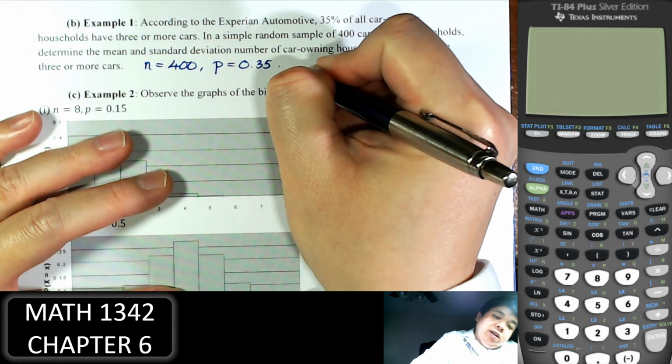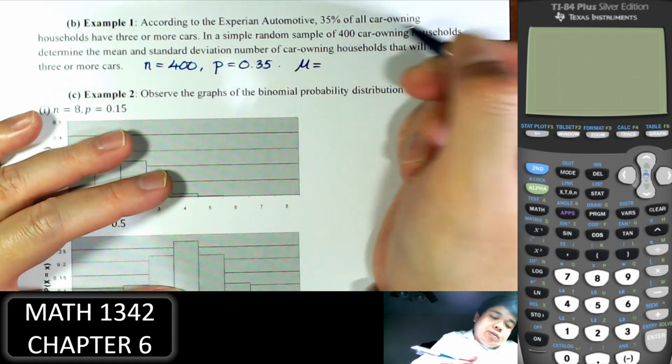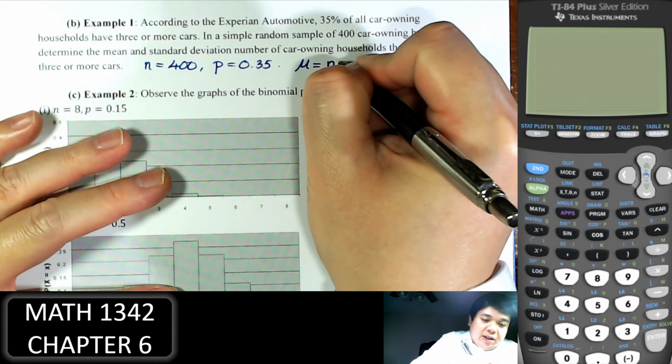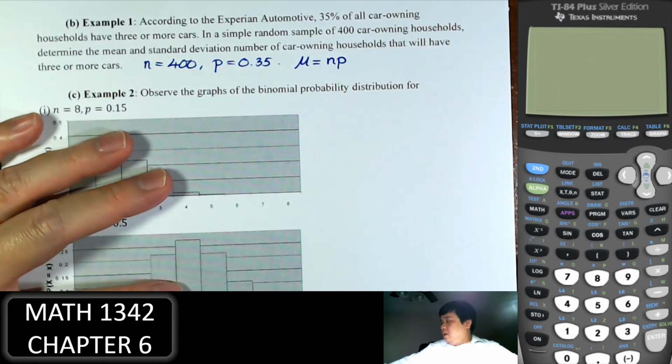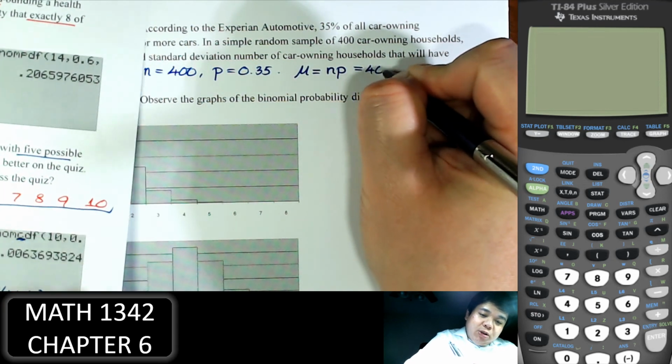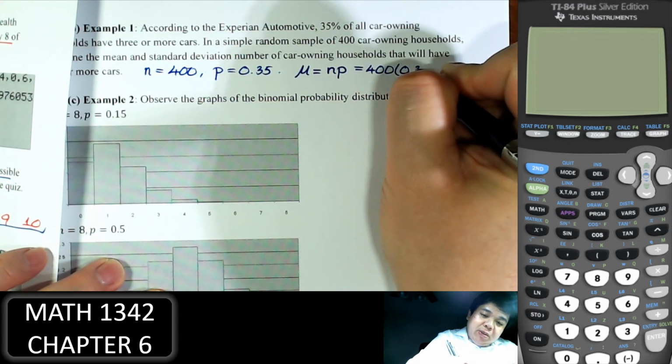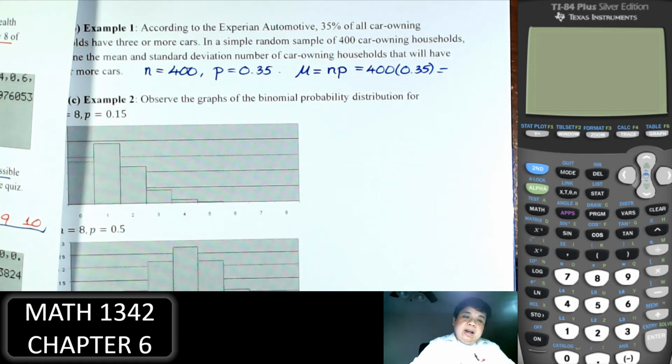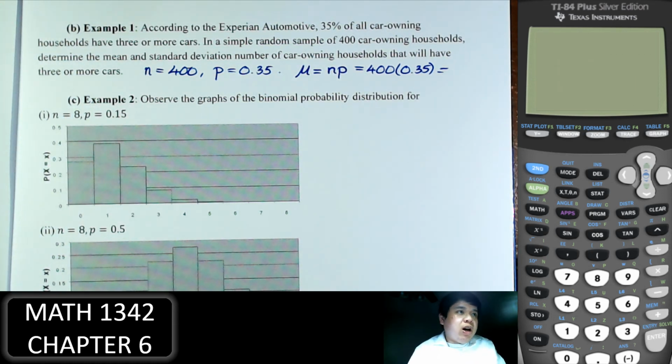So the mean is np. There are 400 households and 35% of them have 3 or more cars. So we just multiply them.